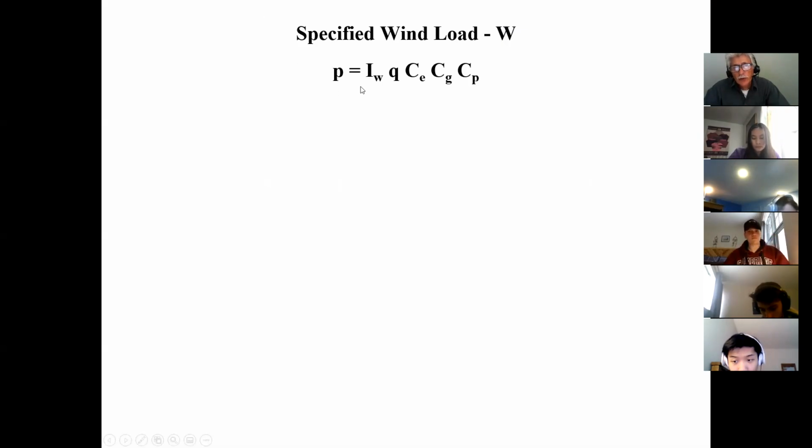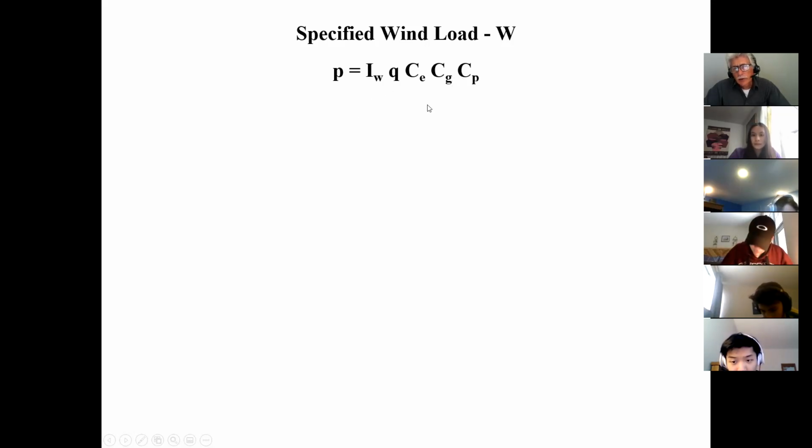The wind pressure is equal to the importance factor, just like you had in snow, but now you have W because it's for wind. This is called the reference velocity pressure, okay? And you'll see where that is. This is an exposure factor. This is a gust factor, and this is an external pressure factor, okay? So these are all factors.